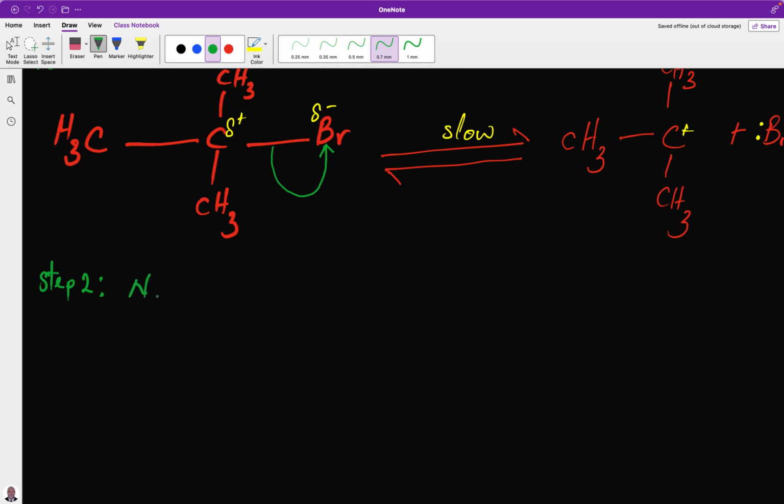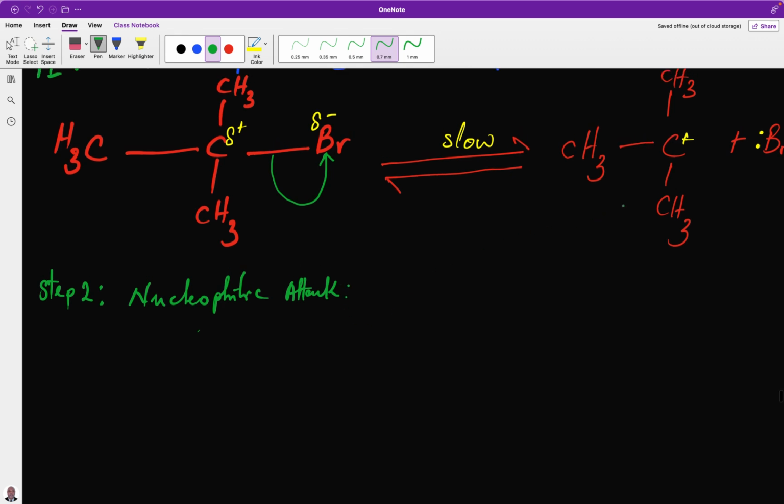The nucleophile now attacks. Remember that the carbocation that has been formed here is very, very reactive. What happens? There will be a nucleophilic attack.